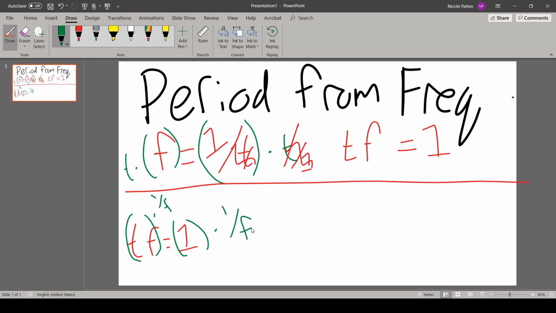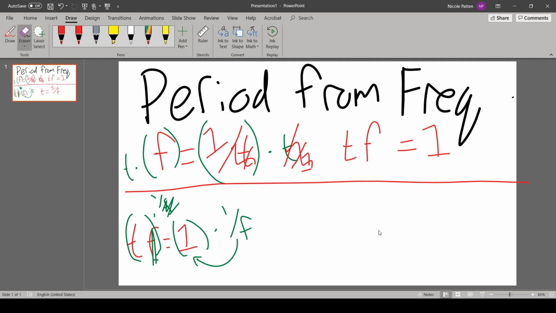Well, again, if f is on the bottom here and f is on the top, they're going to cancel. And then this is going to end up going on the bottom of this fraction here. And so you're left with t equals 1 over f. So it's exactly the opposite of our other formula. You just swap what's on the bottom.